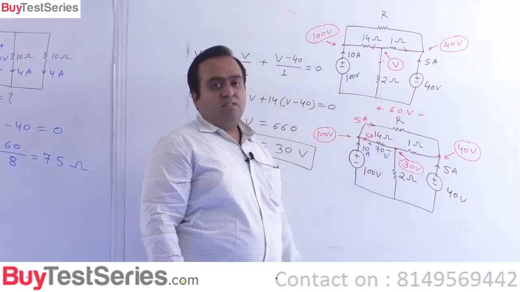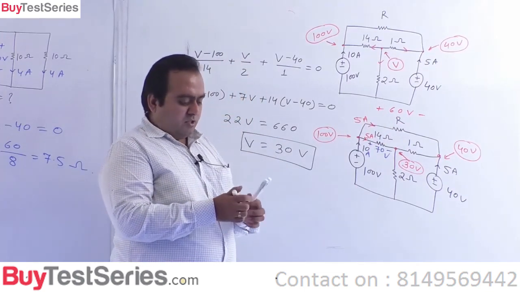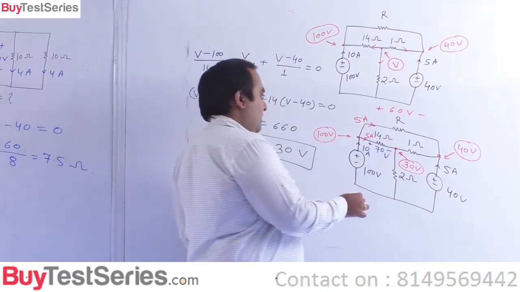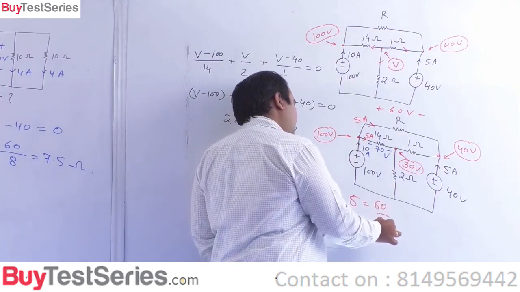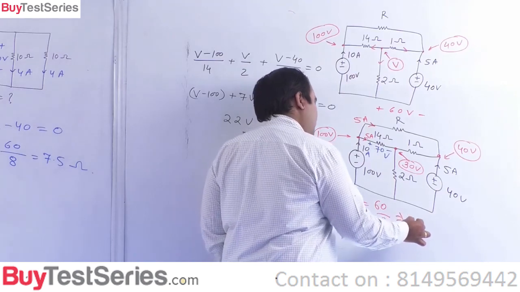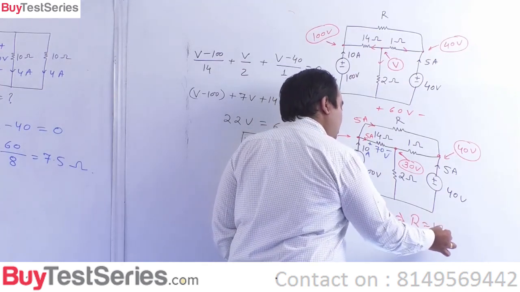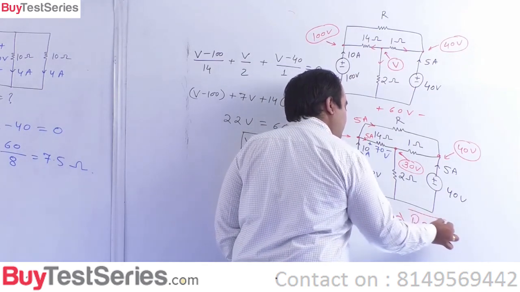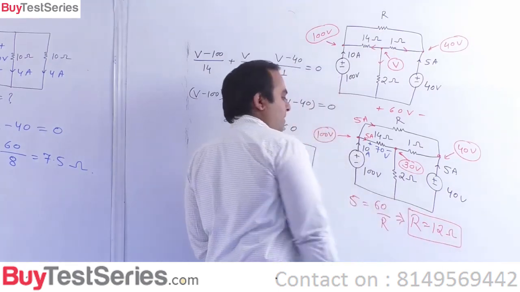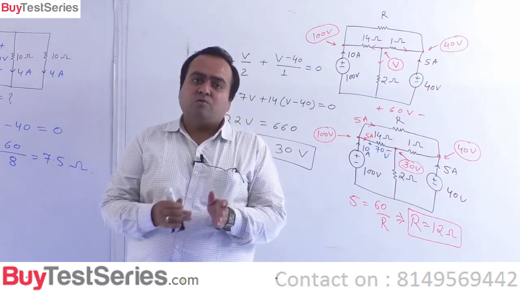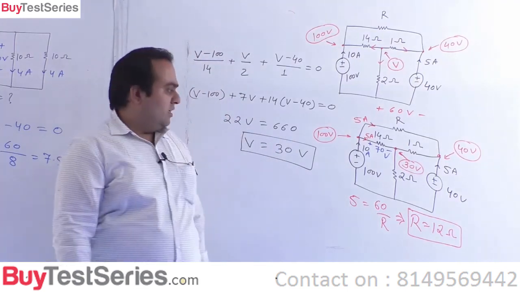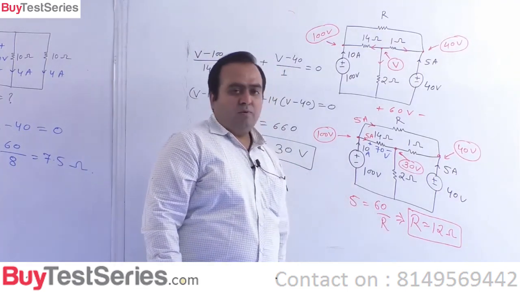The voltage across this resistance is 60 volts. So for this particular resistance you can write 5 is equal to 60 by R, so that it gives you R is equal to 12 ohms. So this is the value of R. So that is the answer of this question, 12 ohms.